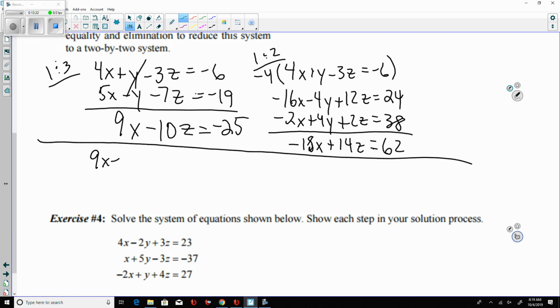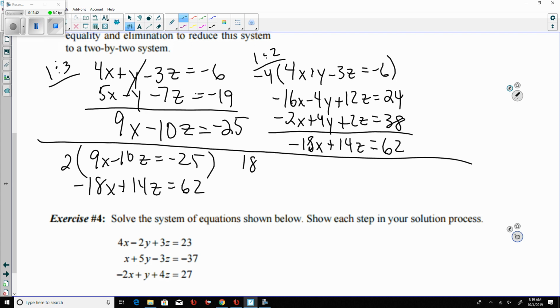We have 9x minus 10z equals -25. And then -18x, oh, not too bad, plus 14z equals 62. Because I can just multiply this top by a 2. So that's not bad at all. So I'm multiplying that by a 2 so that I get rid of the x's.